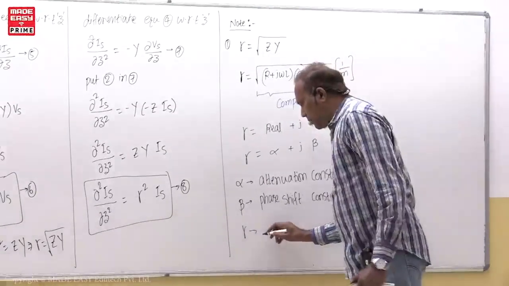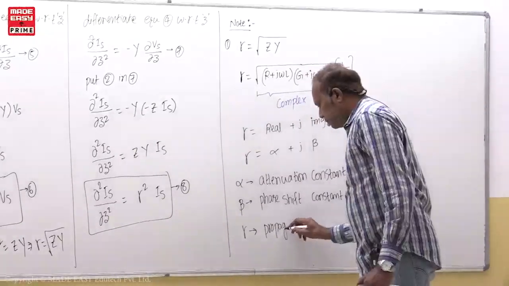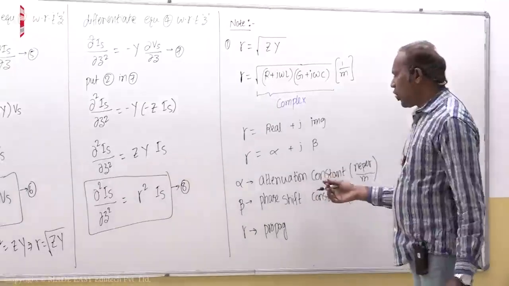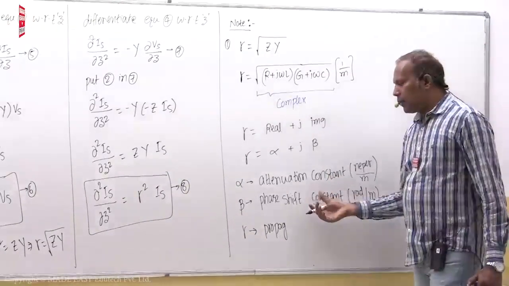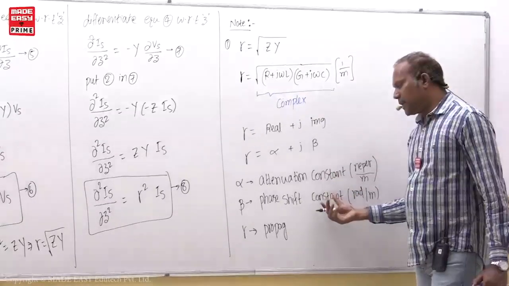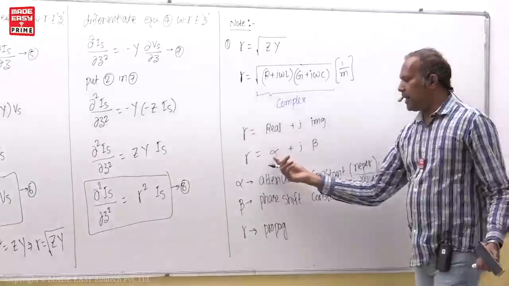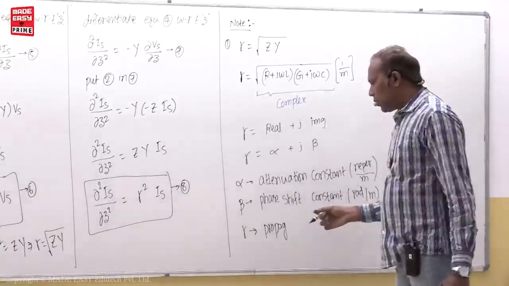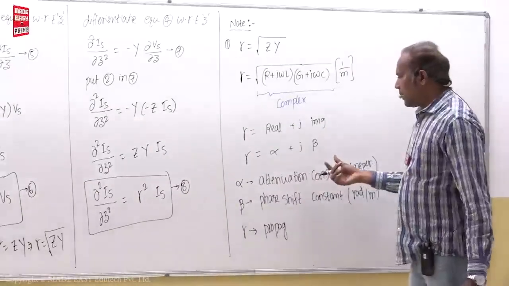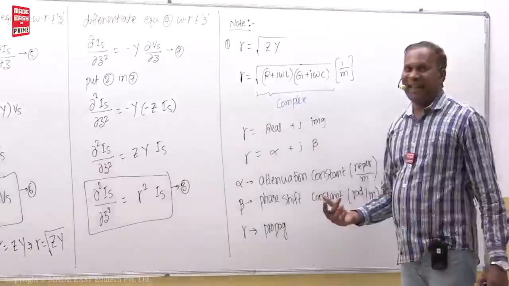What is gamma? Propagation constant. Wave propagation means how much attenuation is there, how much phase shift is there. If you tell how much attenuation and how much phase shift there is, that is called wave propagation. So this is a combination of both of them. That is why it is called propagation constant. So this gamma tells attenuation and phase shift, that means it tells propagation characteristics.